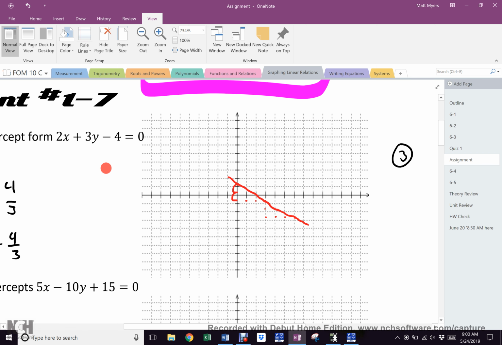If this was 5/4, where would I put my number 1? On the 4th square. That shows me that each of these is worth a quarter. All right? Okay. Good.